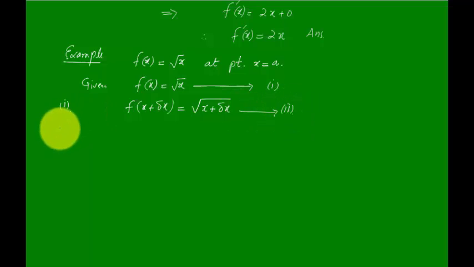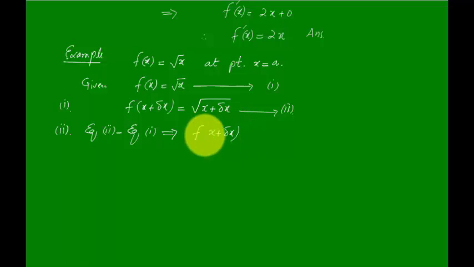So in the second step, we take equation number 2 minus equation number 1. This implies on the left hand side f of x plus delta x minus f of x is equal to, over here, x plus delta x whole under square root minus x under root.